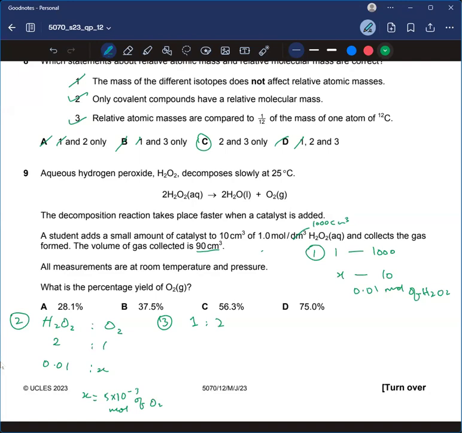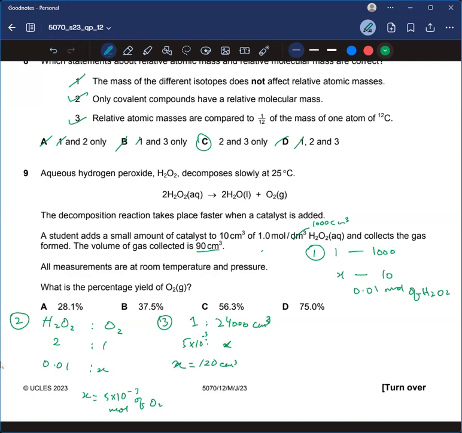So 24 dm³ would equal 24,000 cm³. So 1 mole is 24,000 cm³, and 5 × 10⁻³ mole gives me 120 cm³. X equals 120 cm³.